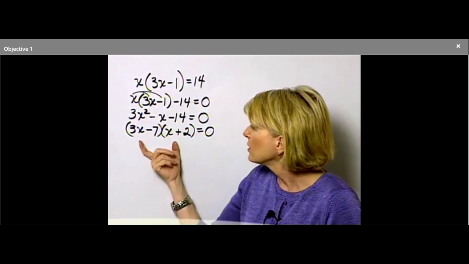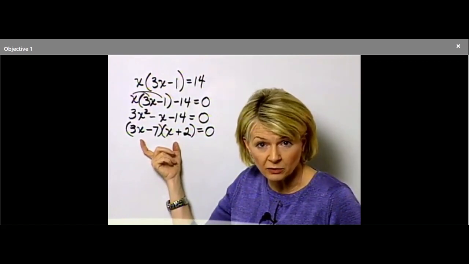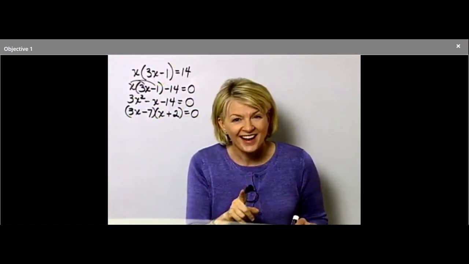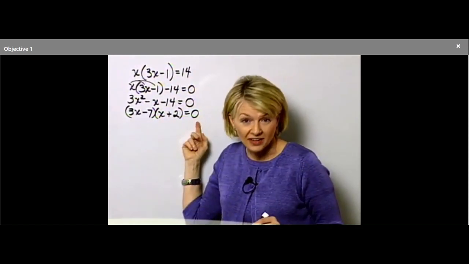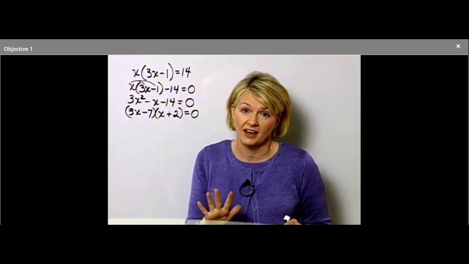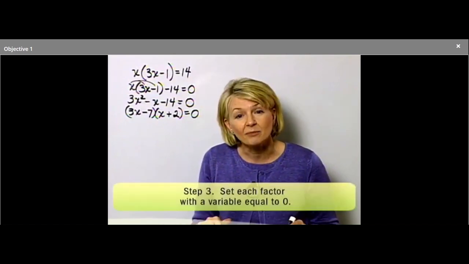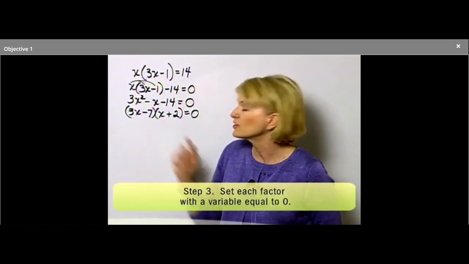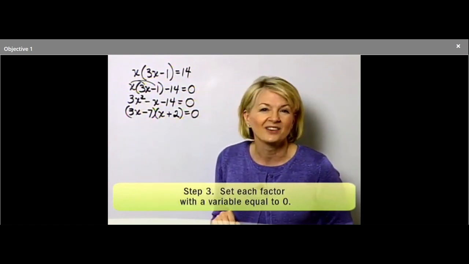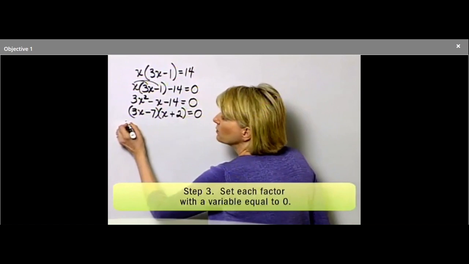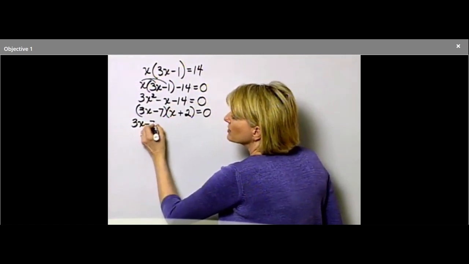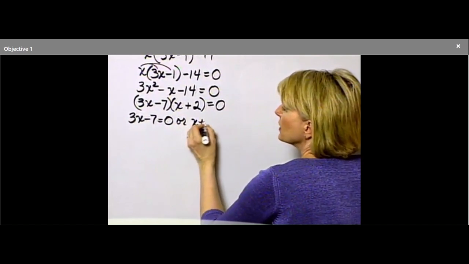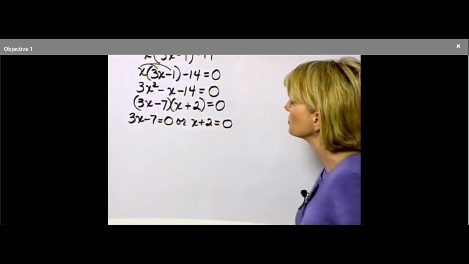Notice what we have. We have a factored polynomial on one side, which we actually did before, but now we have 0 on the other side, which we must have. So our next step is to set each factor containing a variable, and these two both do, set each factor equal to 0. So 3x minus 7 is equal to 0, or x plus 2 is equal to 0.